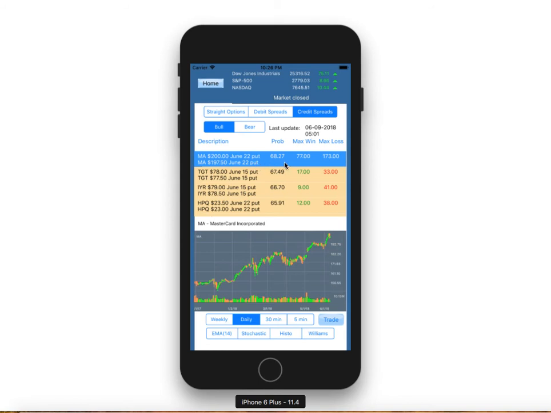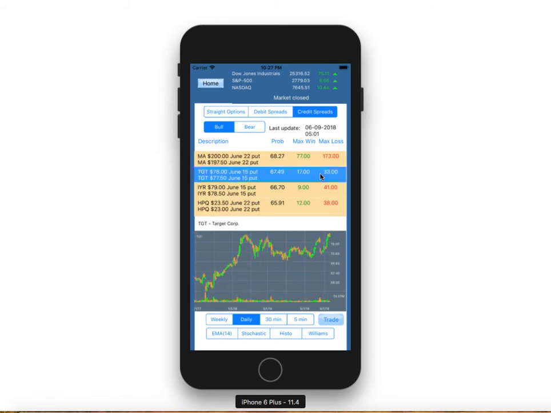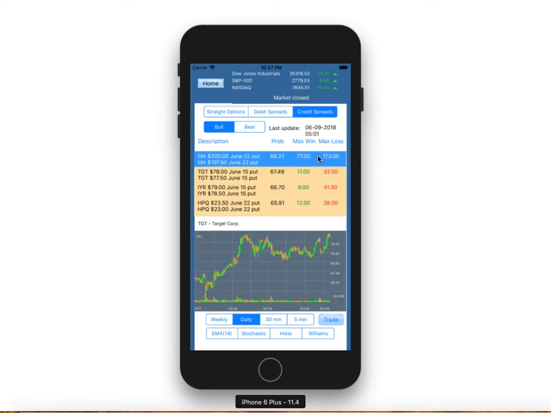It says that the maximum win per contract is $72. The maximum loss is $170, okay? But it's got a 68% probability that you'll come out ahead on that one. That is pretty good.